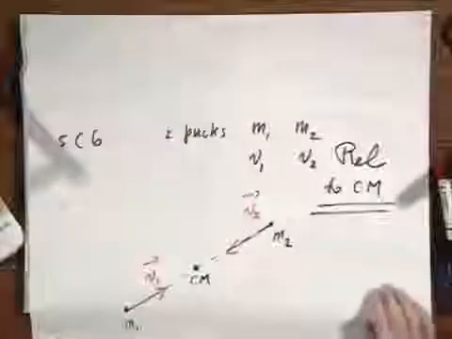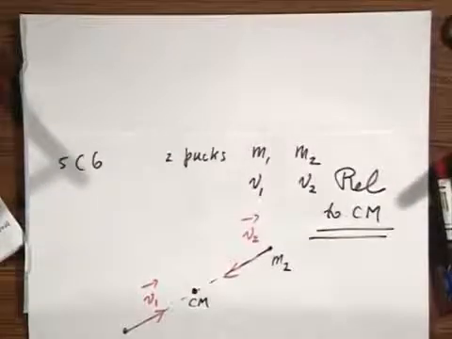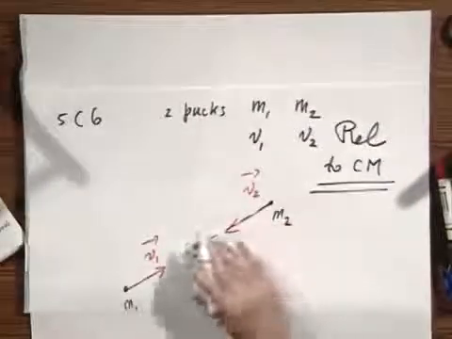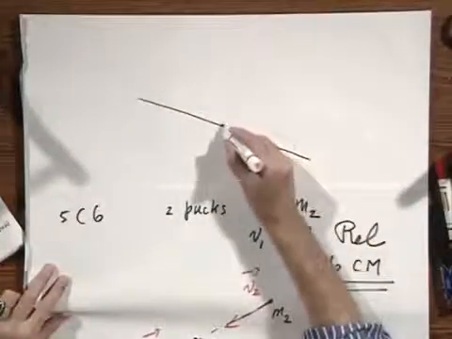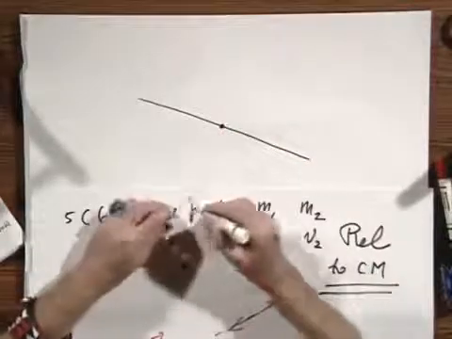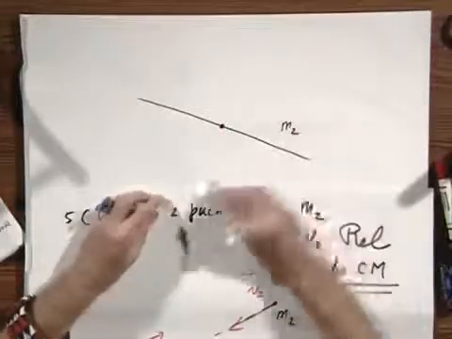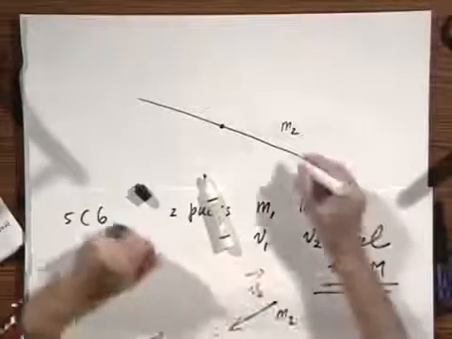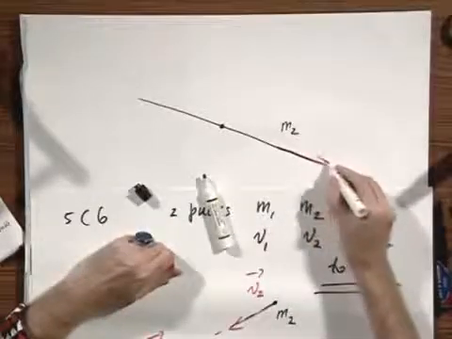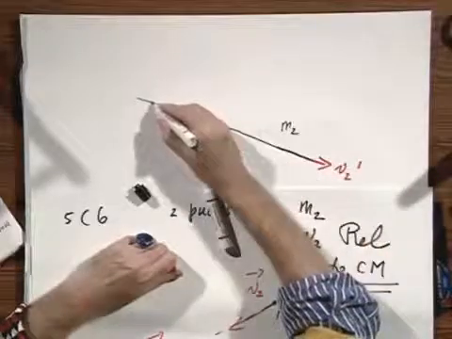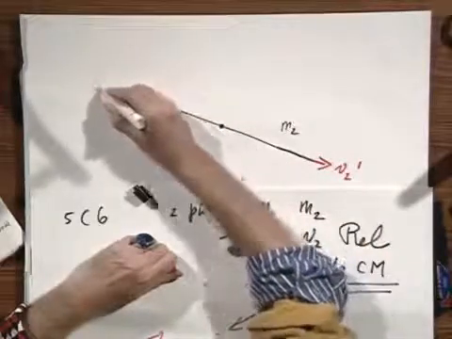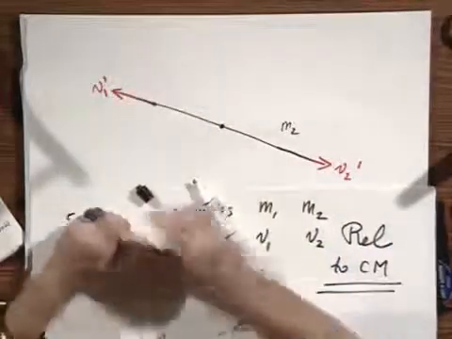And after the collision, the momentum must again be zero relative to the center of mass. So let's assume that after the collision, that M2 moves out with velocity V2 prime, and M1 moves out with V1 prime.